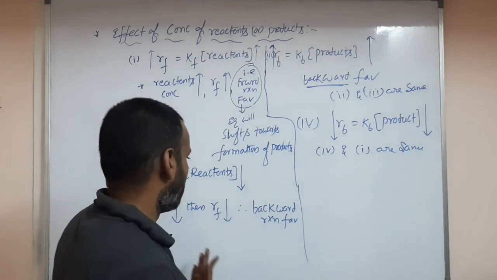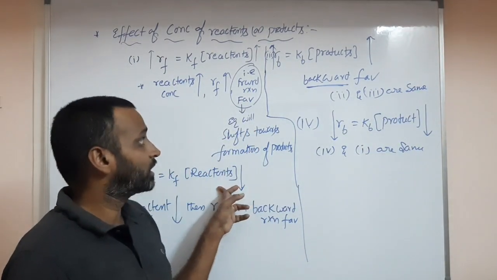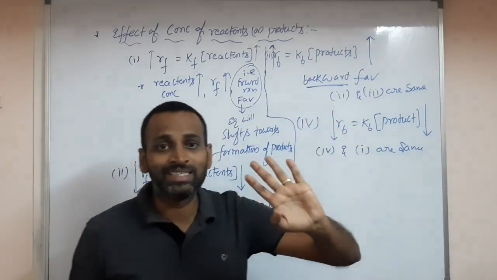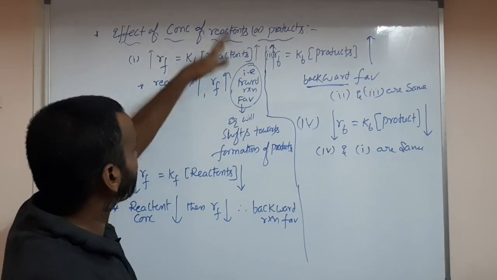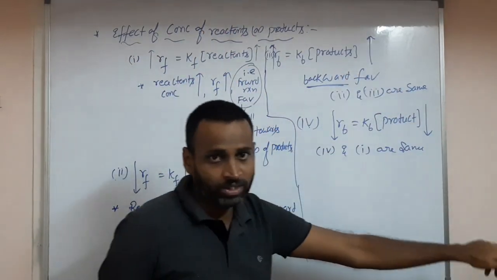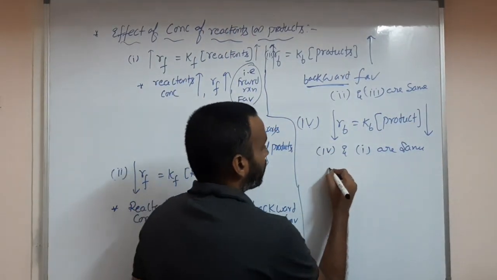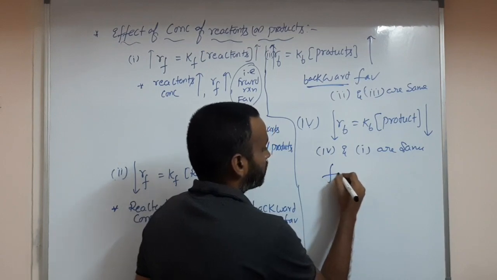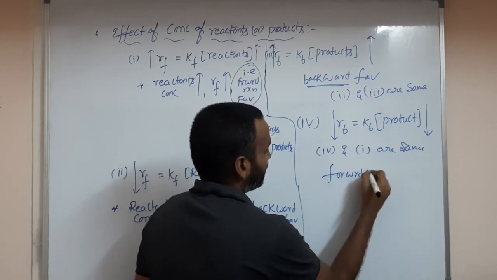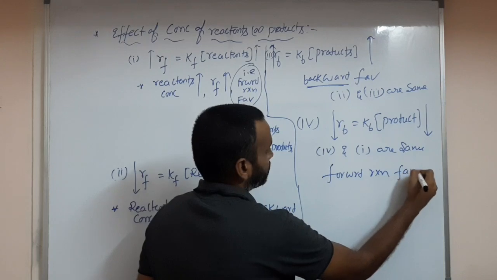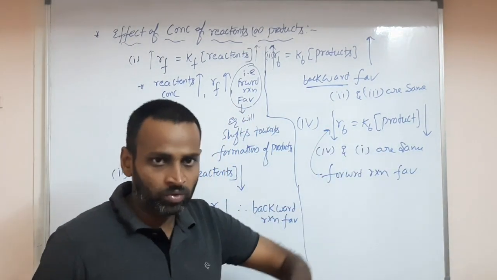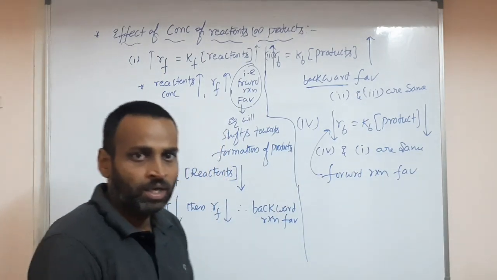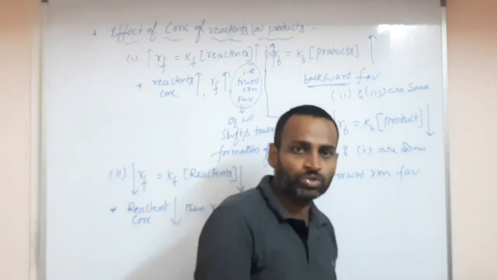Very simple: when reactant concentration decreases or product concentration increases, it favors the backward reaction. When reactant concentration increases or product concentration decreases, the forward reaction is favored, because the backward reaction is slow, which means the forward reaction is fast. Forward reaction means reactant converts to products.